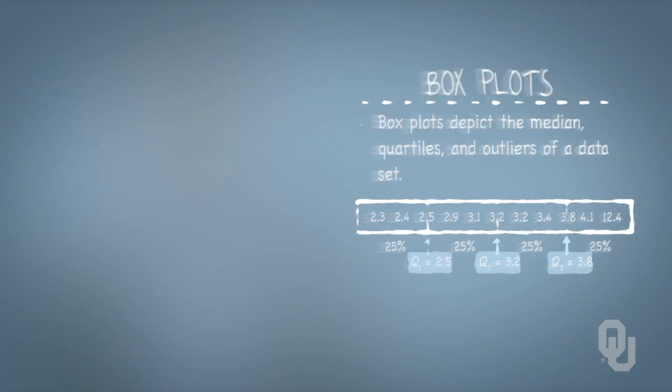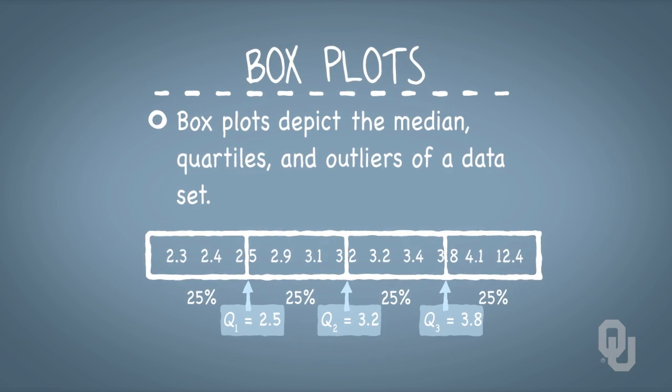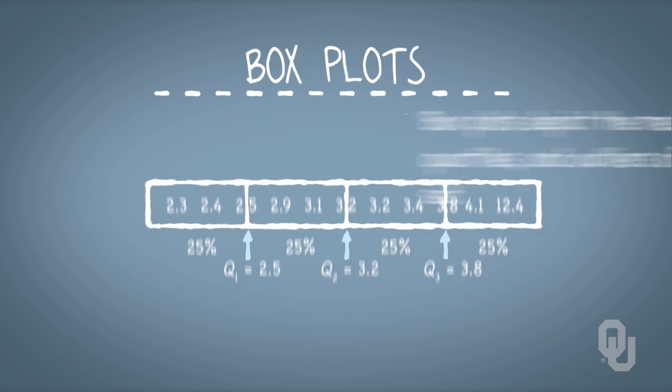Note the values Q1, Q2, and Q3. Q2 is the median. The value of Q1 essentially represents the median of the lower half of the observations, below which the bottom quartile resides. And Q3 represents the median of the upper half of the data. As such, Q1, Q2, and Q3 separate the 4 quartiles.